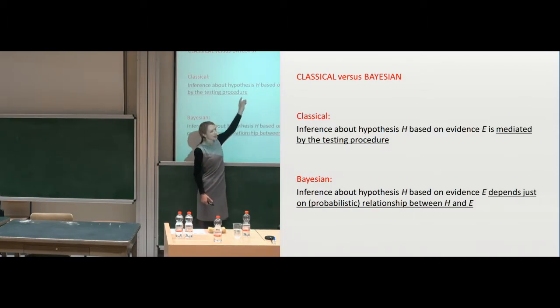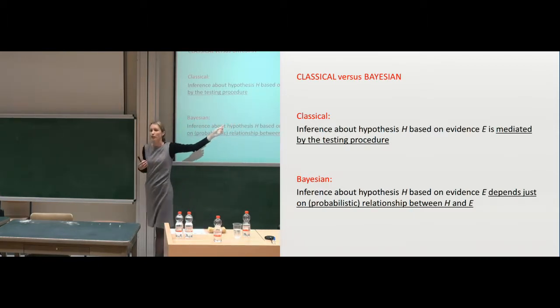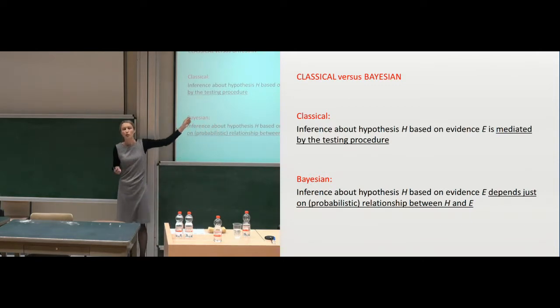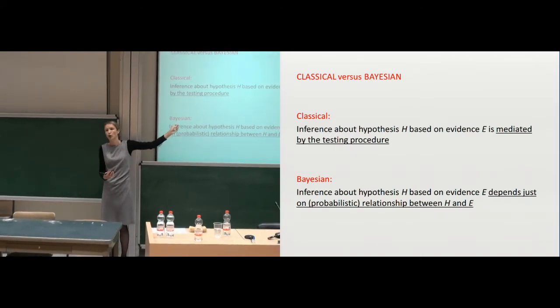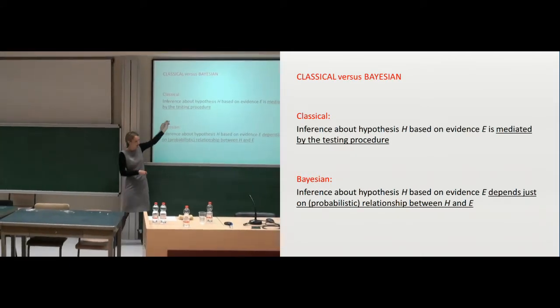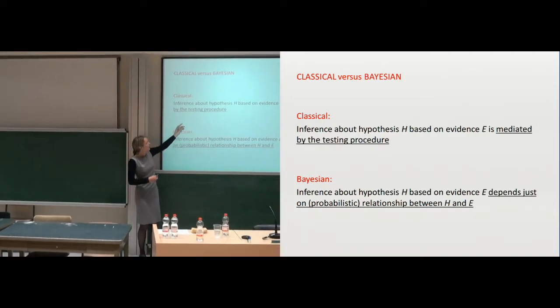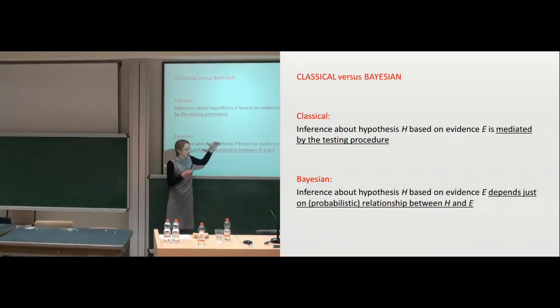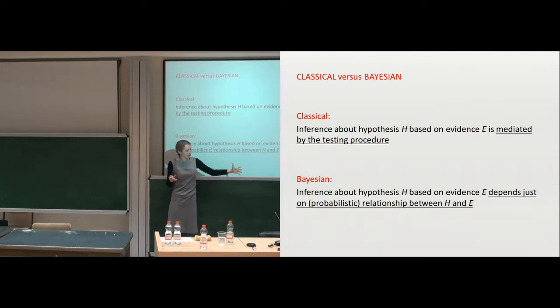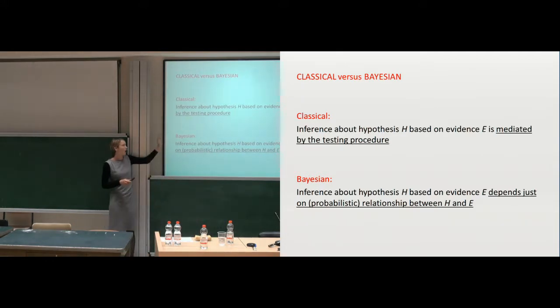The testing procedure might be the type of experiment that you're doing. If it's a coin toss experiment, let's say you've decided to toss the coin 100 times to test the hypothesis about the chance of the coin. The fact that you're tossing the coin 100 times is important information in terms of your final assessment of H given the outcome that occurs. I'll give you another example in a second to make that more clear.